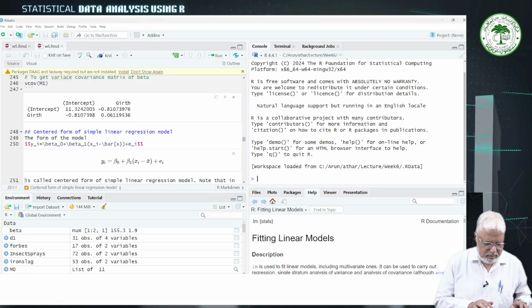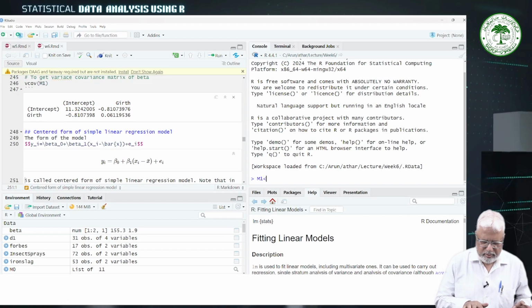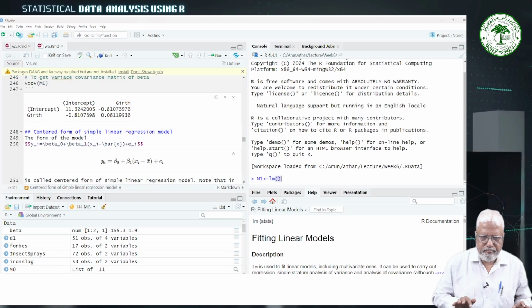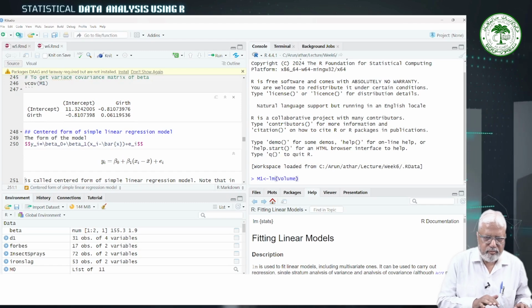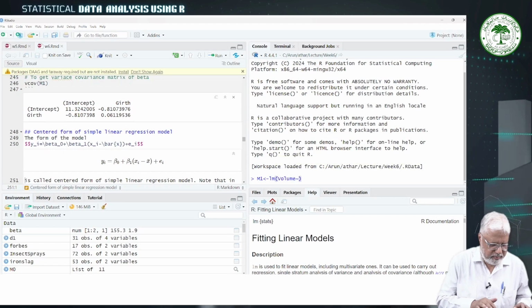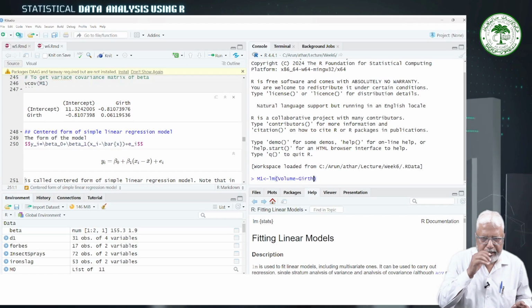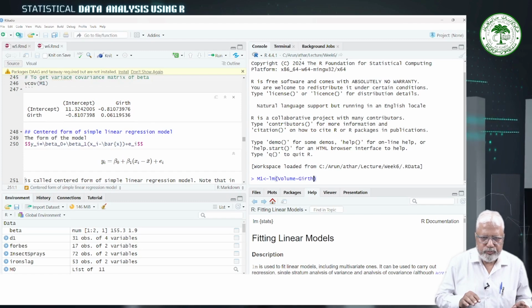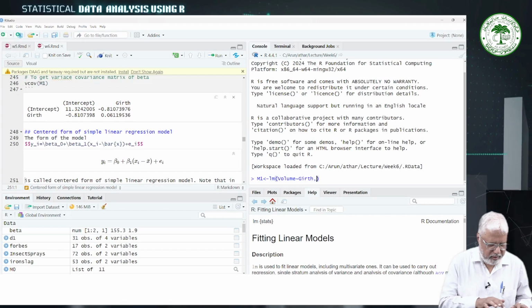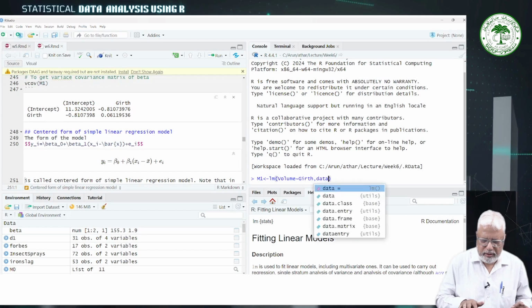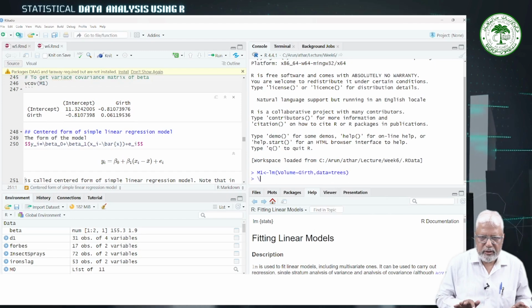Suppose M1 is equal to lm volume tilde girth, data is equal to trees.